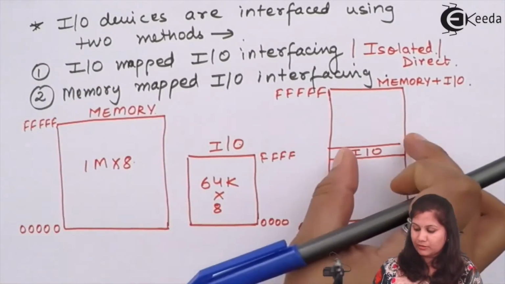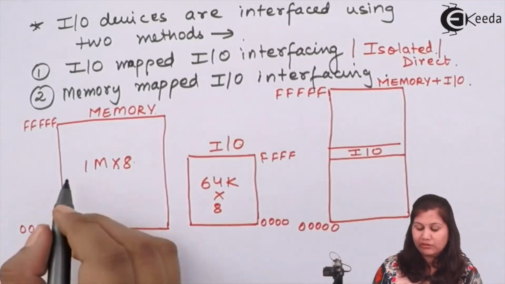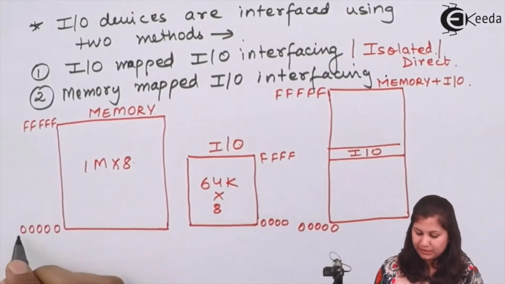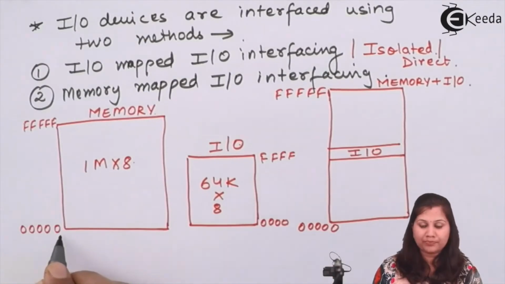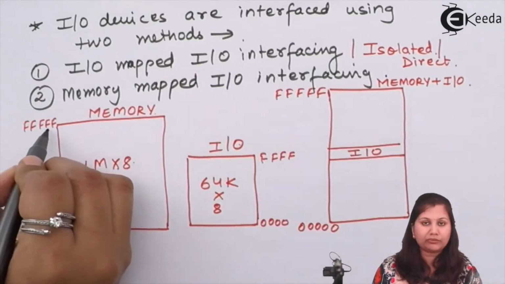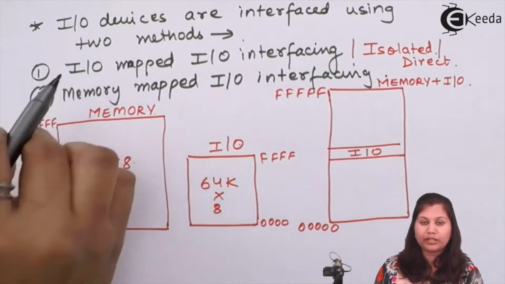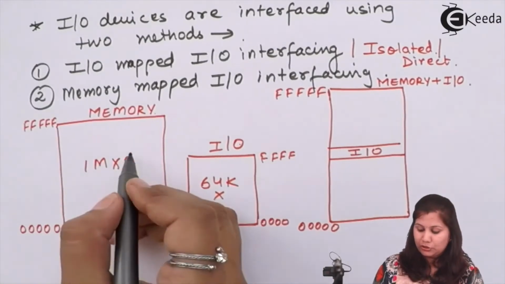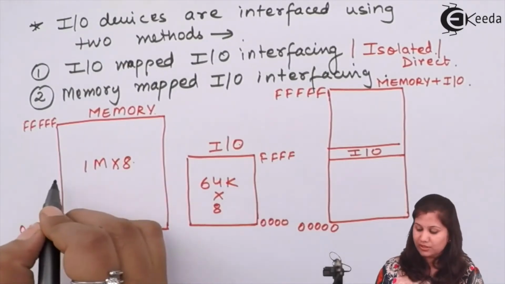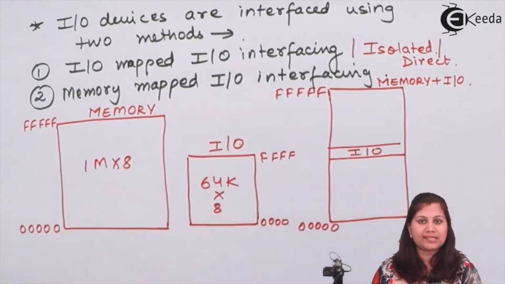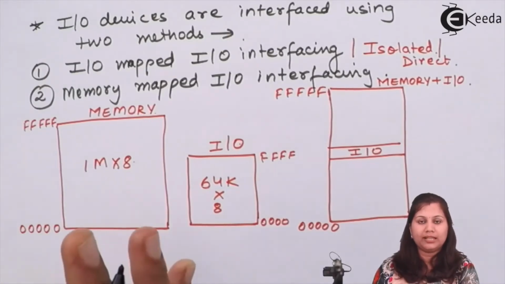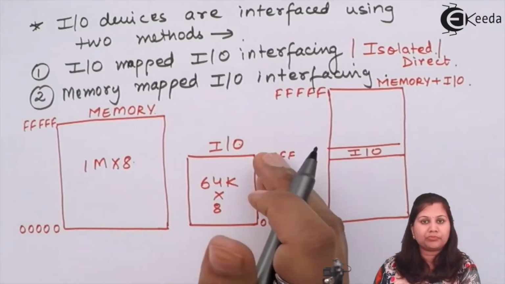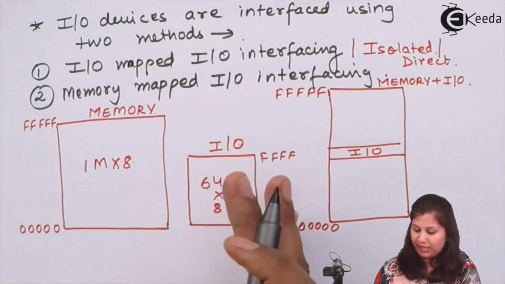So the address range of the memory will be 00000 to FFFFF, including both the segment address and the offset address of the memory location. This is how the memory is addressed, and the input output devices are separate, or isolated, from the memory.